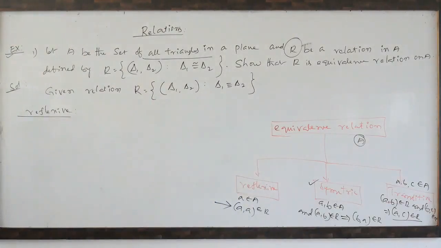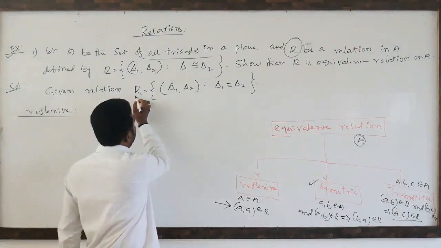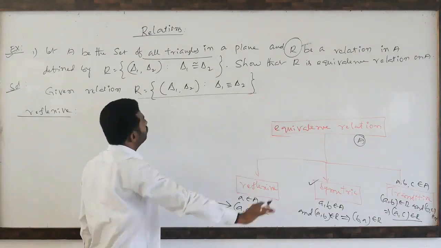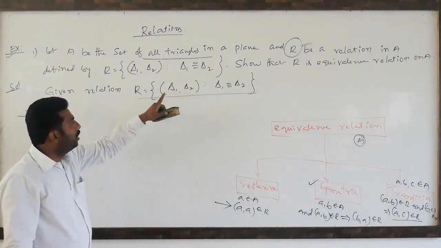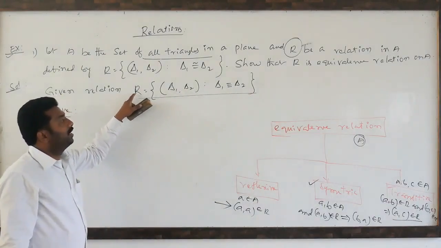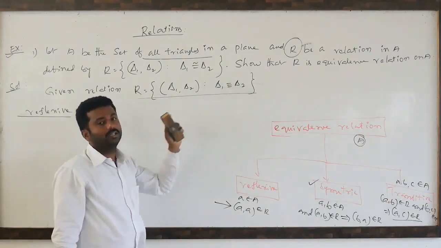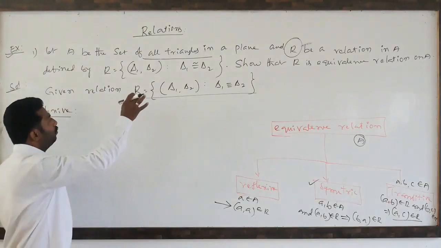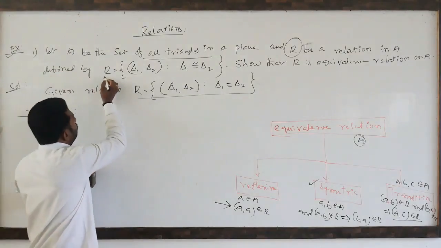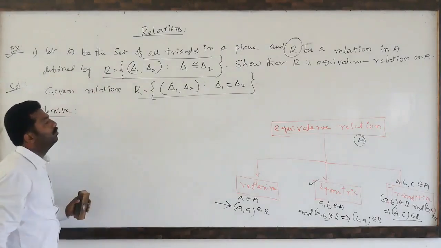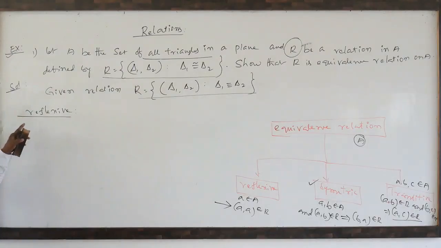So here the relation is capital R equal to (delta 1, delta 2), meaning (triangle 1, triangle 2). First we have to understand the definition: both these two triangles are congruent triangles. Now we have to prove this is an equivalence relation. First we prove whether capital R is reflexive or not.